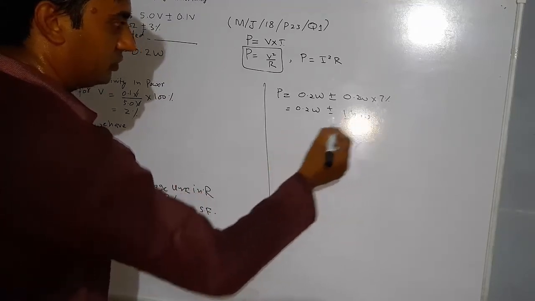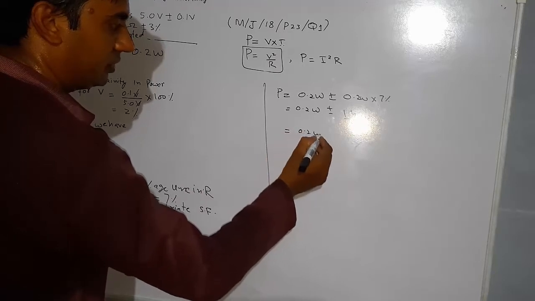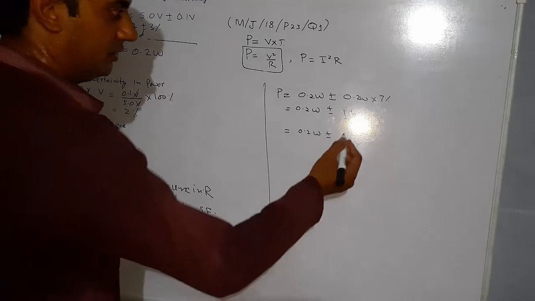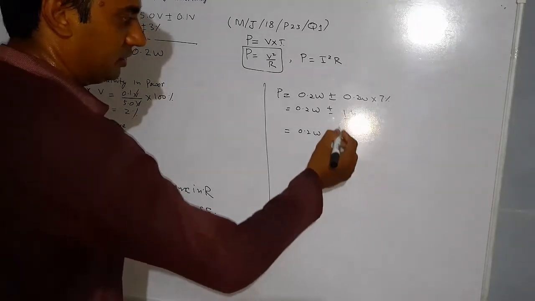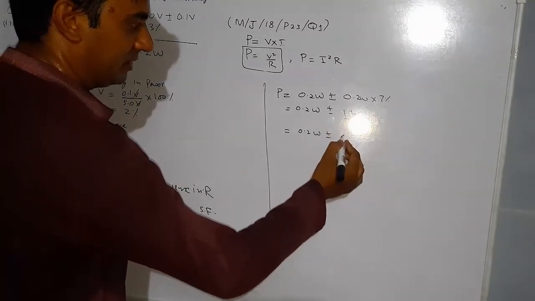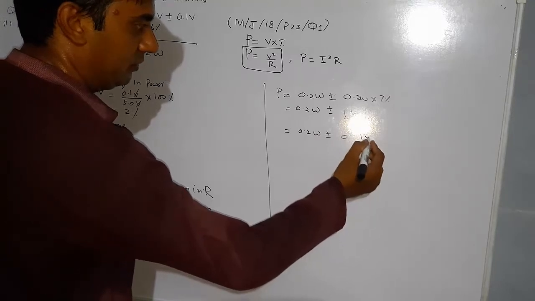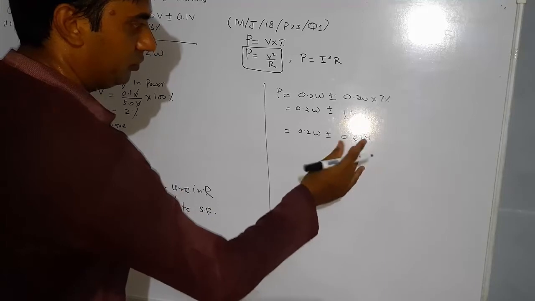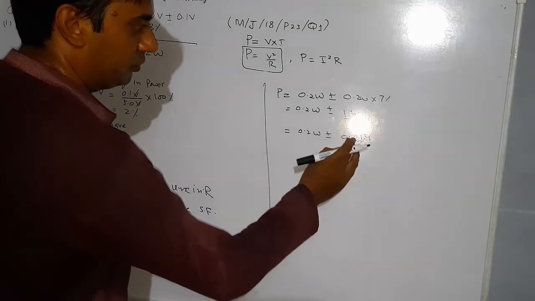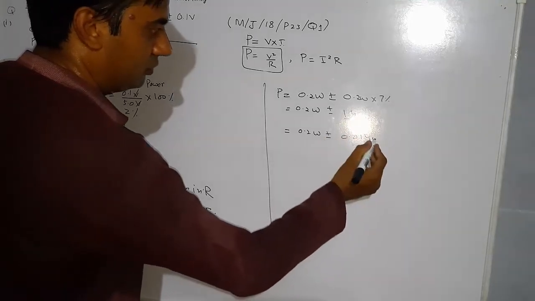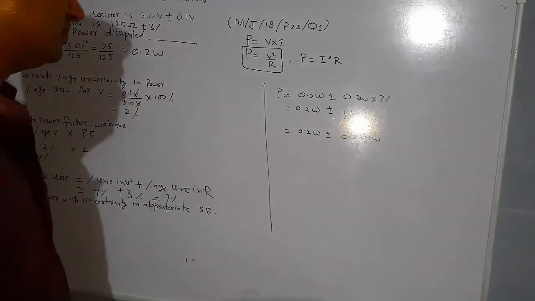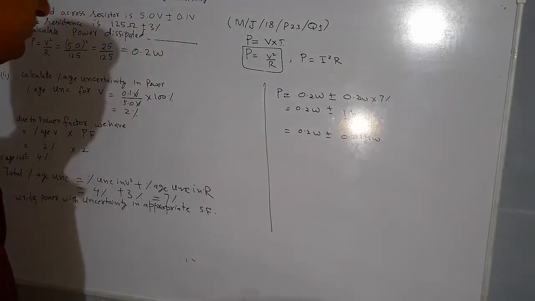So in watts, 0.2 watt plus minus 1.4 over 100, that makes 2 decimal places at the back, so 0.014 watt.